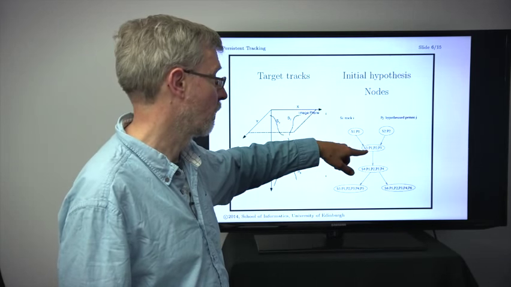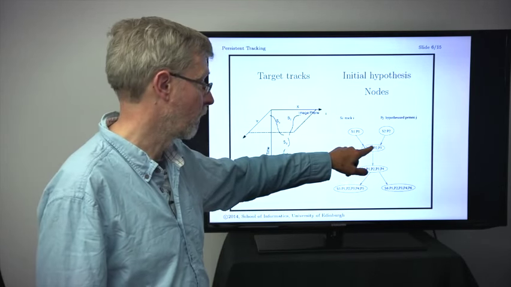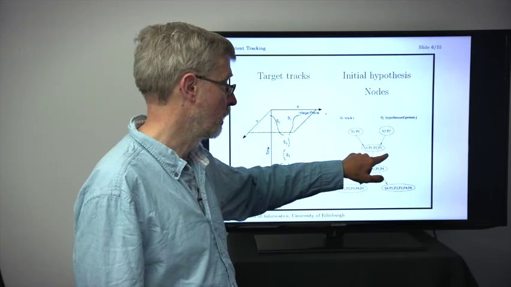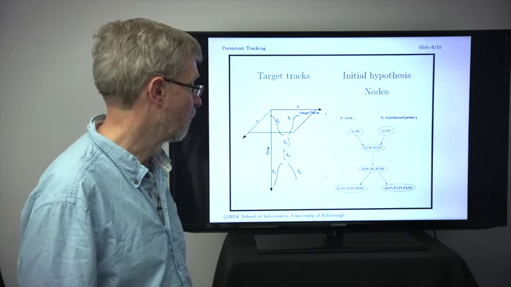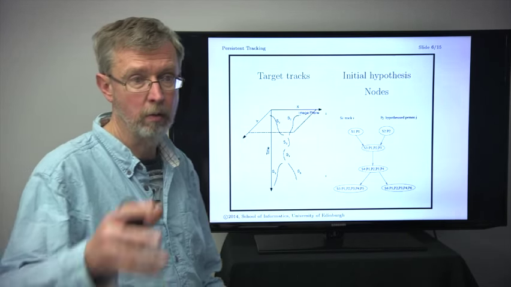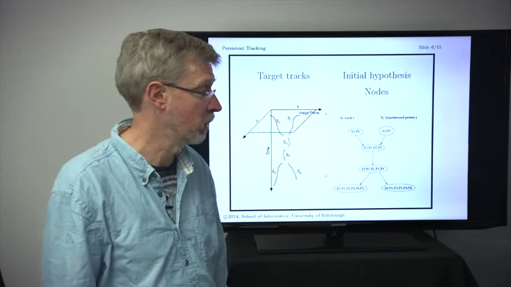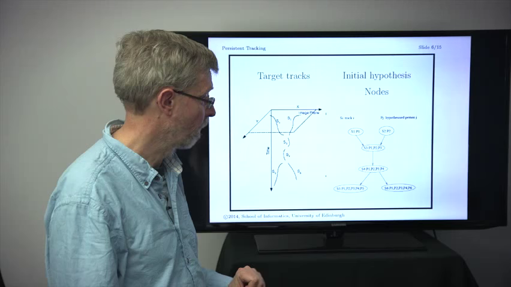And then when they merge, we've got two possible hypotheses, P1 and P2, that we've inherited. And we also create a new one, P3, because maybe it's the front and the back half of a lorry, and they're connecting together to make a new complete lorry or something like that.